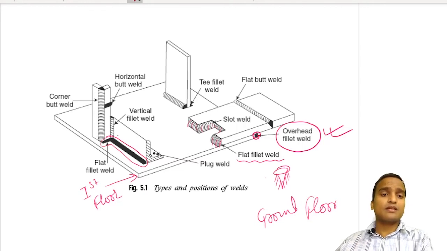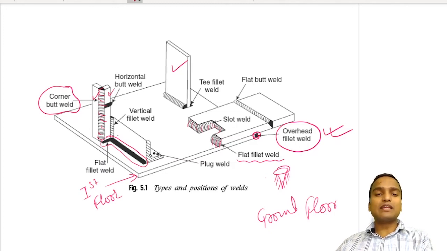Next one is the corner butt weld, and you can see two metal pieces which have a corner here, and in the corner the welding is done throughout. Now this can be treated as a wall, and these two metal pieces can also be treated as a wall.